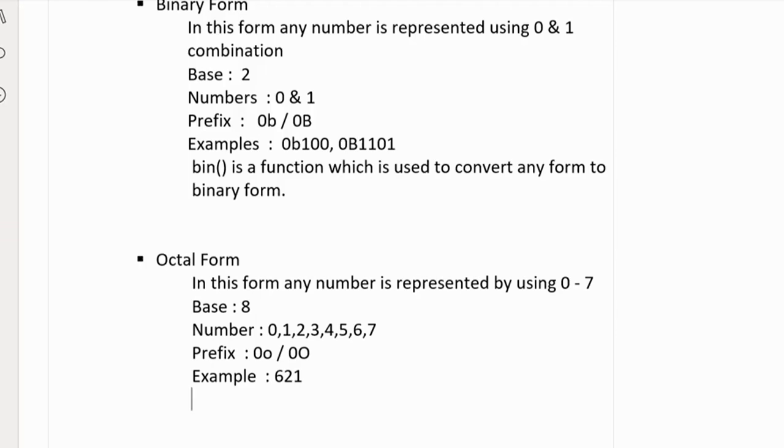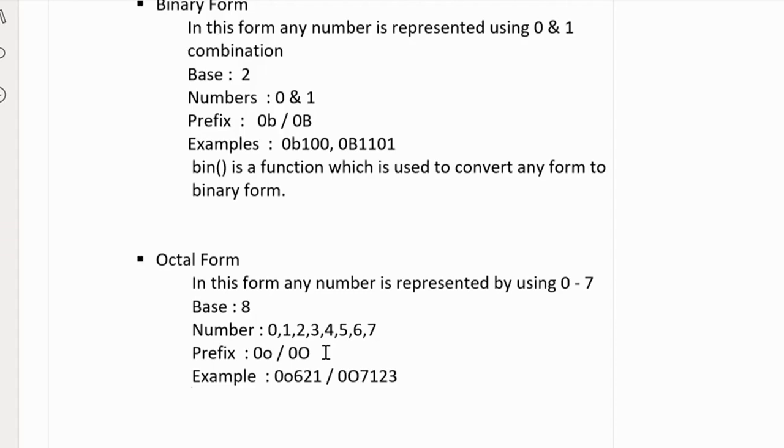Sorry for that. Now an example will be 0 O, or 0 and capital O, and we can use another number like 7, 2, 3. This is also an octal.